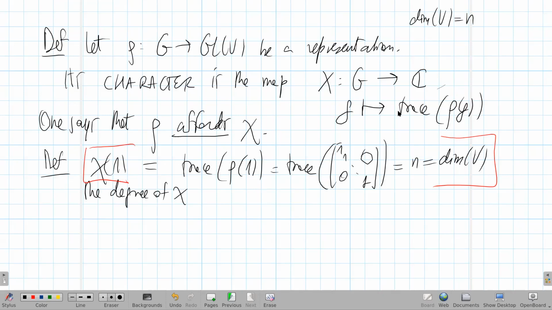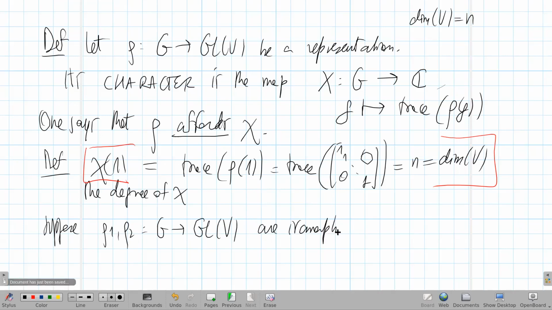We already mentioned this important property of the trace, which allows you to switch the order of products under its argument. Note this fact; I'll set it as a proposition in a second. Suppose we have rho 1 and rho 2 from G to GL(V) that are isomorphic representations.